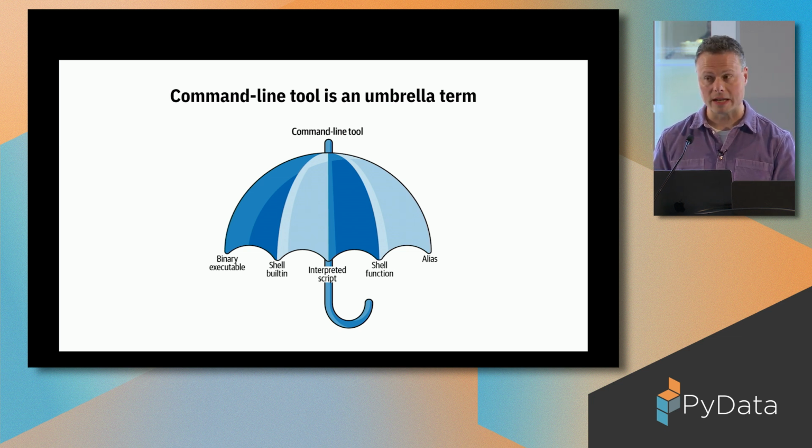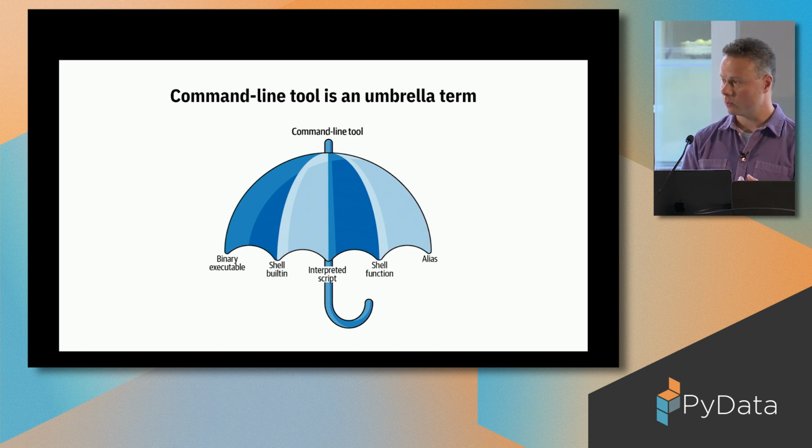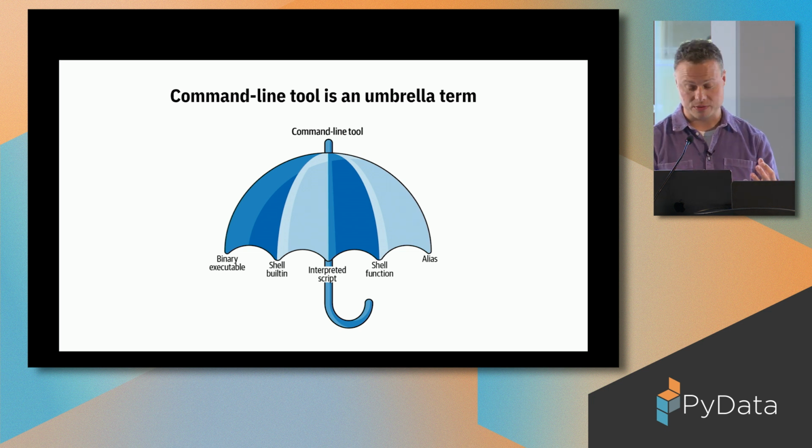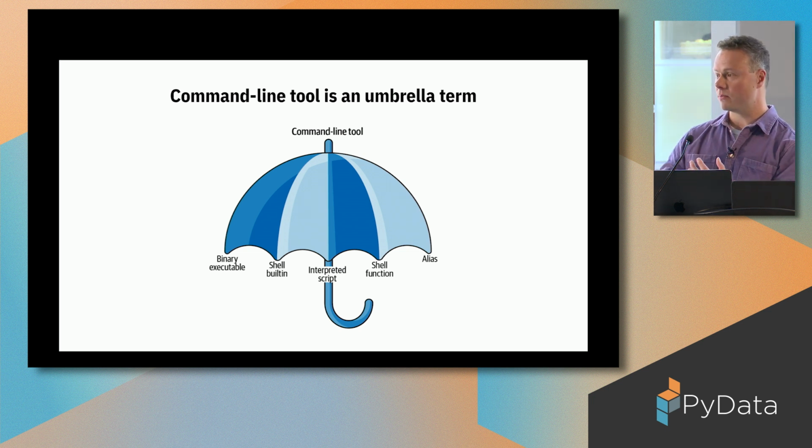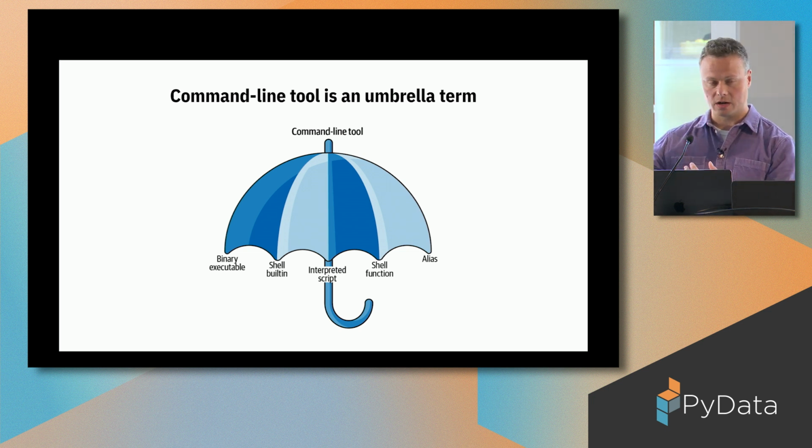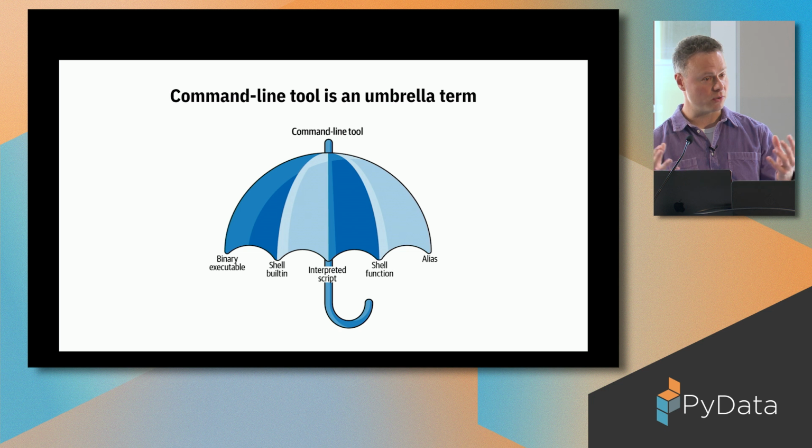So, command line tool, it's an umbrella term, right? We have a variety of different tools and how they're implemented. We can have simple aliases or shell functions defined in our configuration file, or we can even have scripts that are compiled, and so binary executables. We're going to be looking at interpreted scripts, because of course today our language of choice is Python.